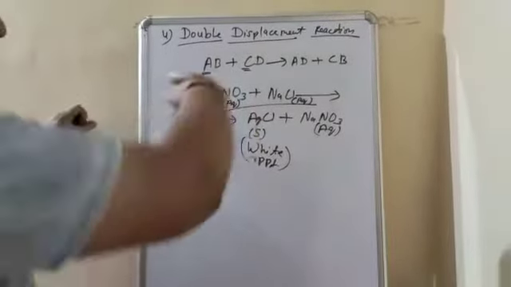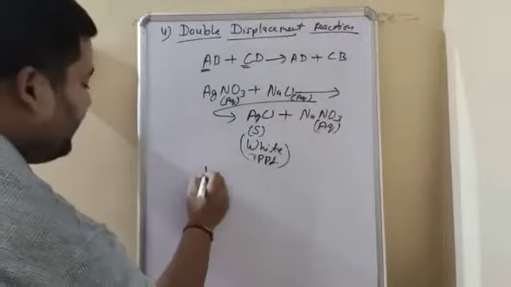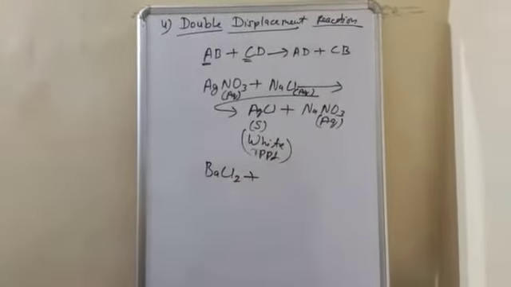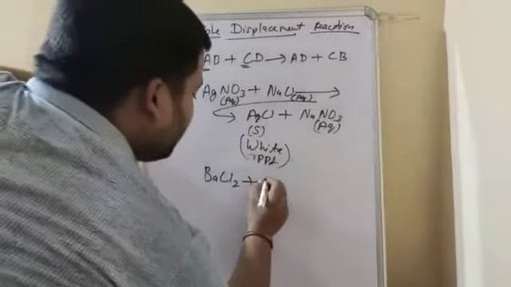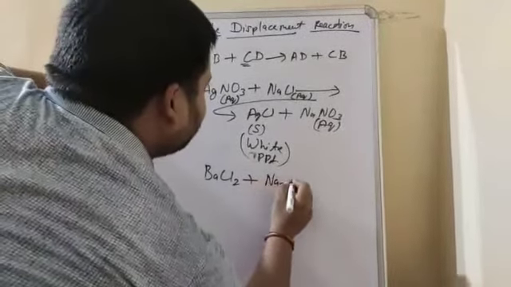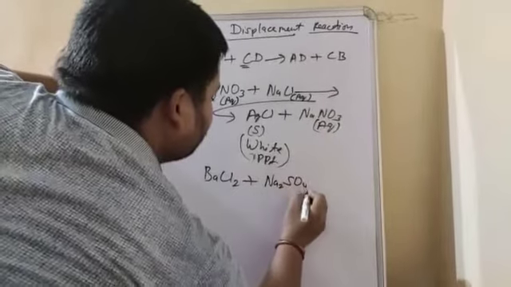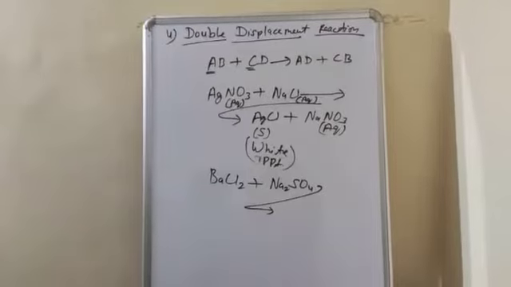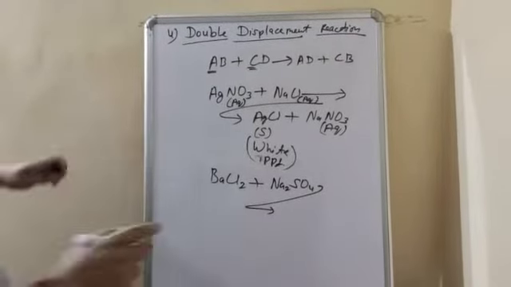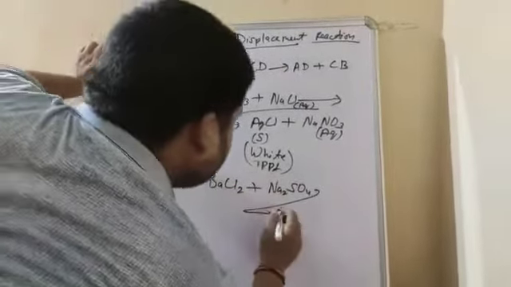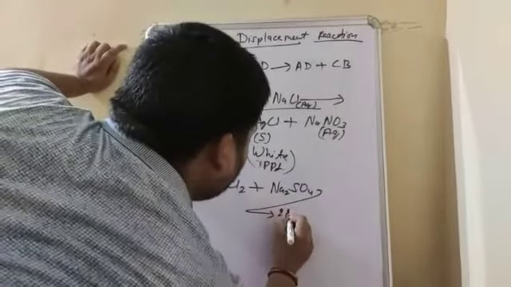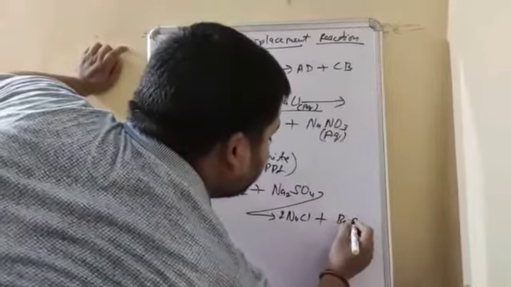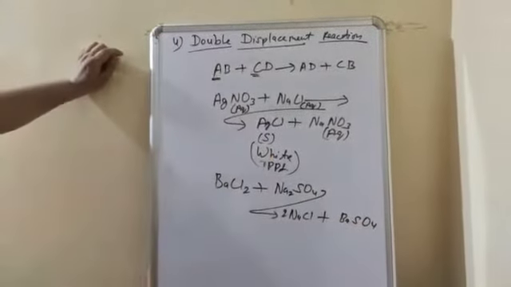Take another example. Barium chloride reacts with sodium sulfate, so the ions will exchange. So here 2NaCl plus BaSO4.